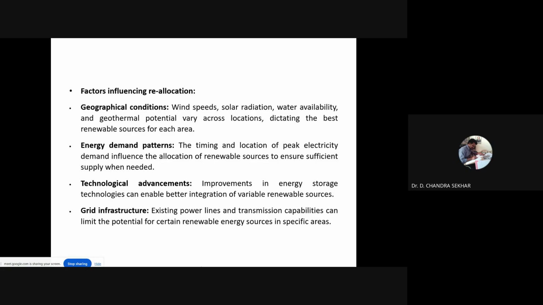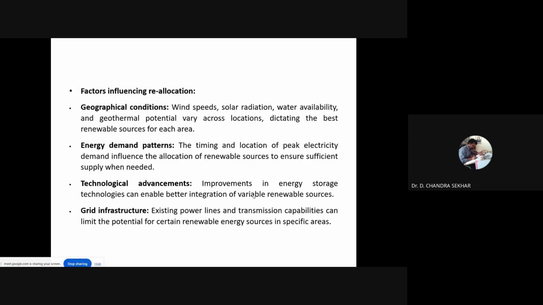Whenever solar or wind generation increases, we connect that grid network with batteries, battery energy storage systems. So whenever there is a high amount of generation, more than the requirement, the batteries are there.